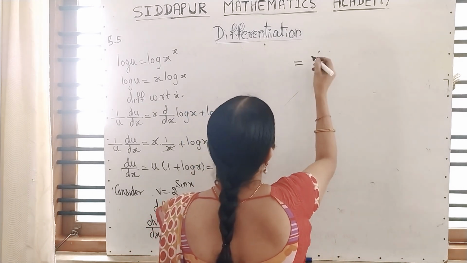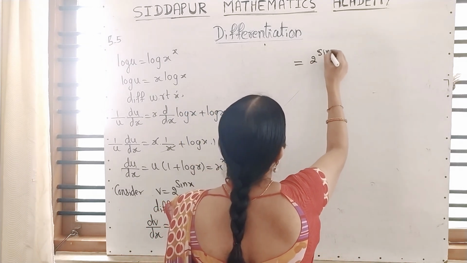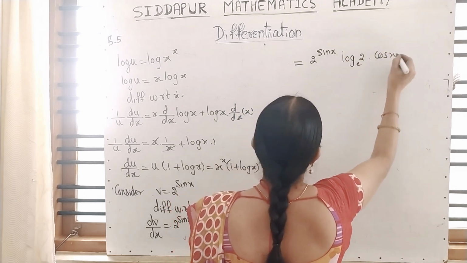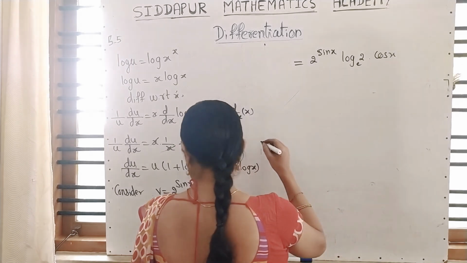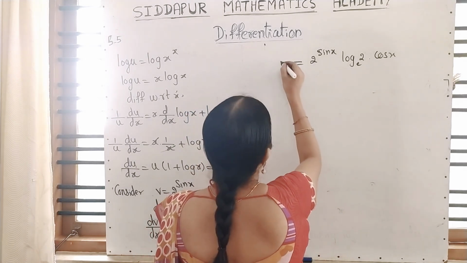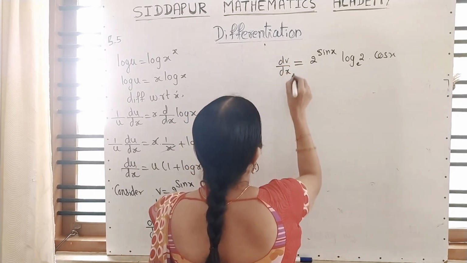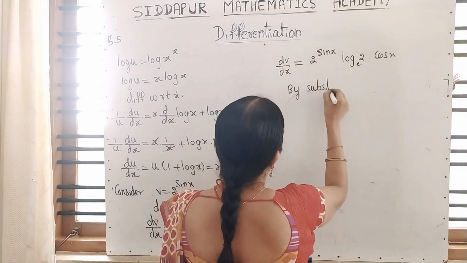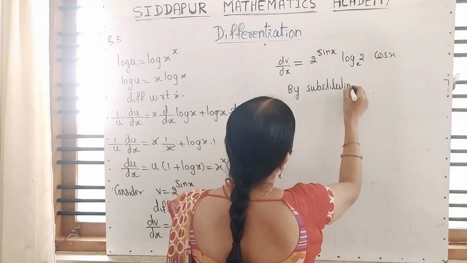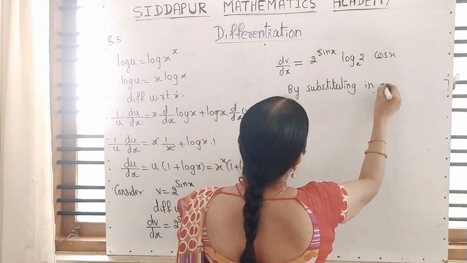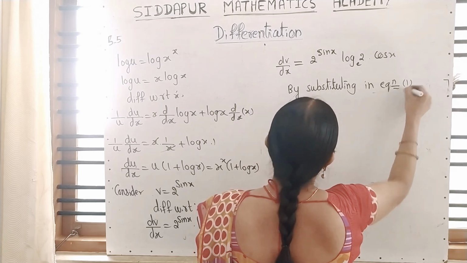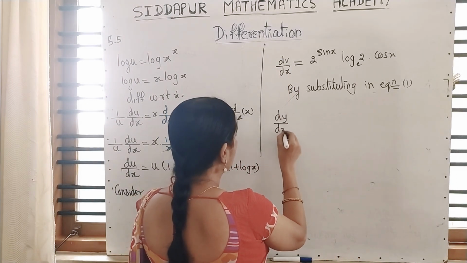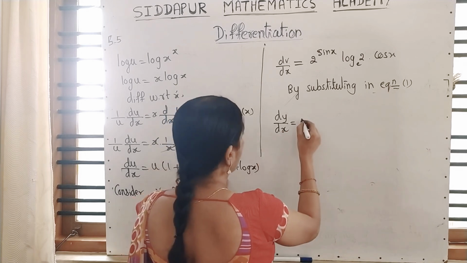Differentiation of sin x is cos x. 2 raised to sin x log 2 to the base e into cos x. Now, this is what dv upon dx. By substituting in equation 1, dy upon dx is equal to, what is du upon dx?